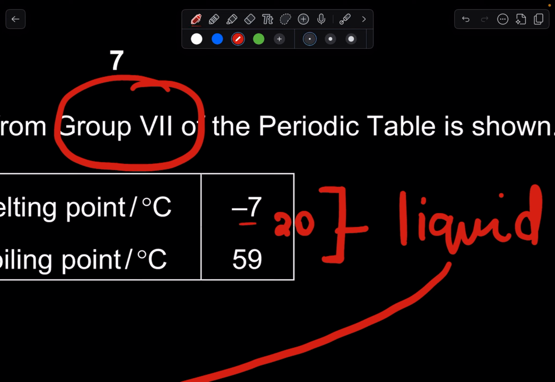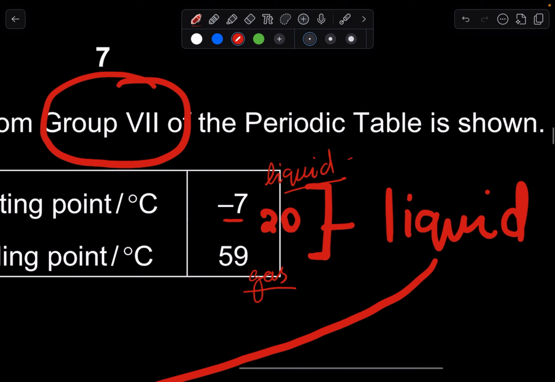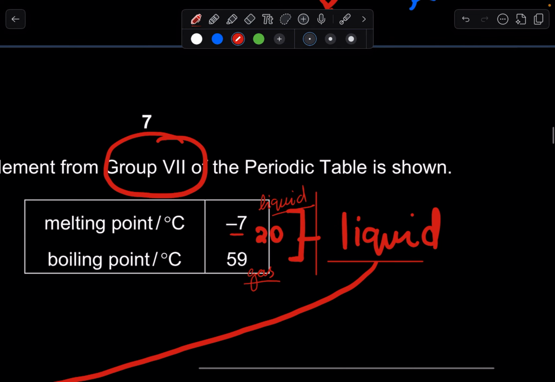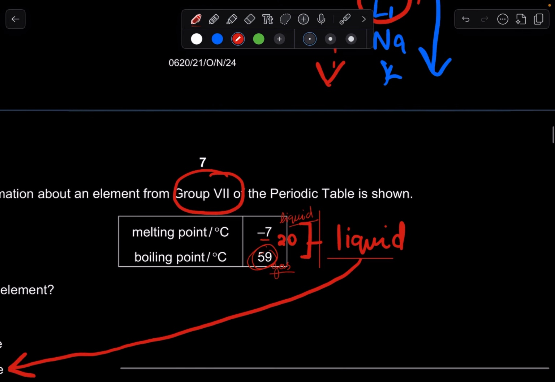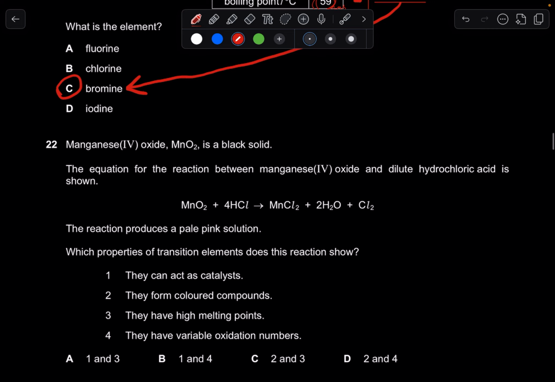Do you see that -7 is the melting point, it's going to turn into a liquid, and at 59 it's going to be a gas. So between -7 and 59, it is a liquid. Room temperature obviously cannot be 59, so at room temperature bromine is a liquid.